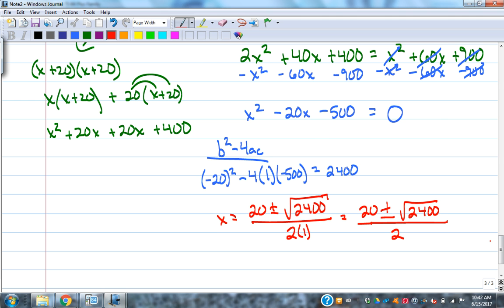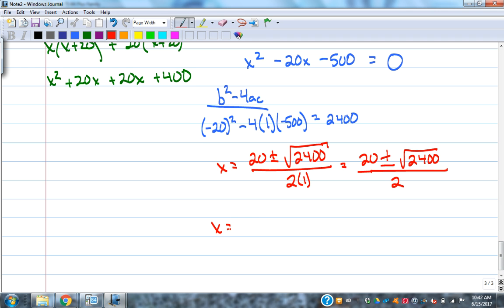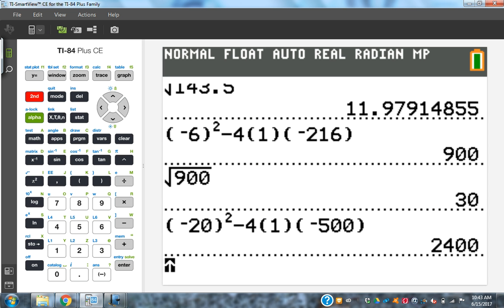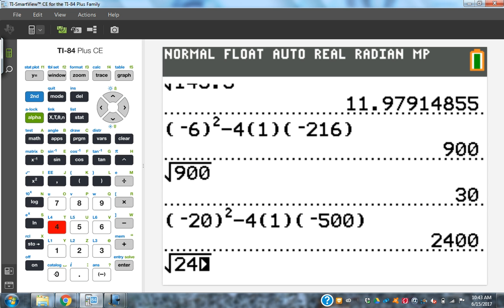So I'm just going to work from here and go, okay, well, it's x equals 20 plus the square root of 2,400 divided by 2. And then the other one would be x equals 20 minus the square root of 2,400 divided by 2. I know the square root of 2,400 should be a bigger number than 20, I think.